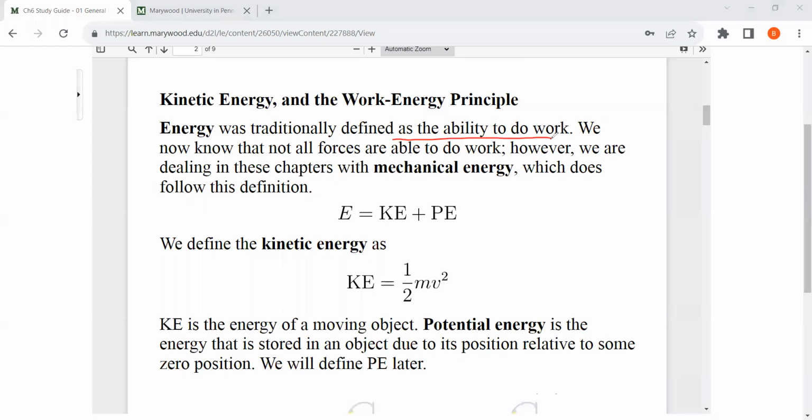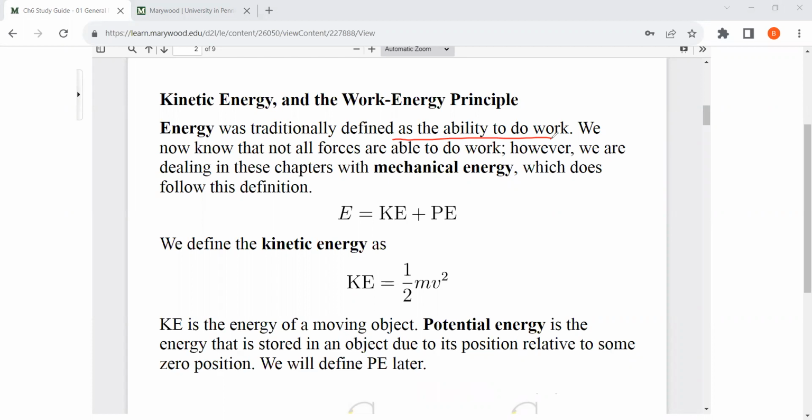We are not going to learn all the forms of energy in this chapter. We are basically learning about kinetic energy and two forms of potential energy, so let's focus only on these. The sum of the kinetic energy and the potential energy is called the mechanical energy.